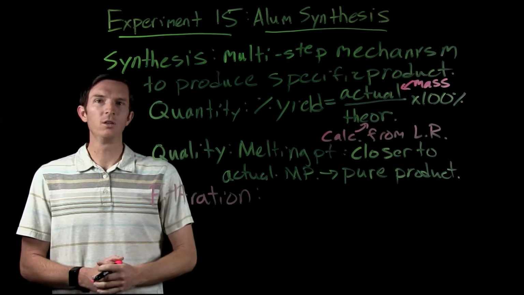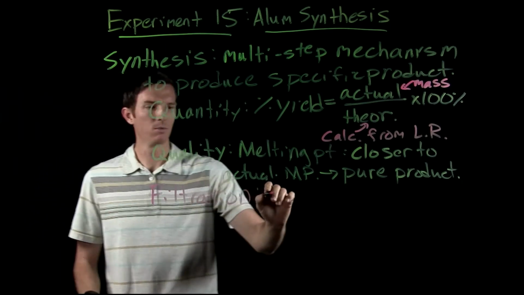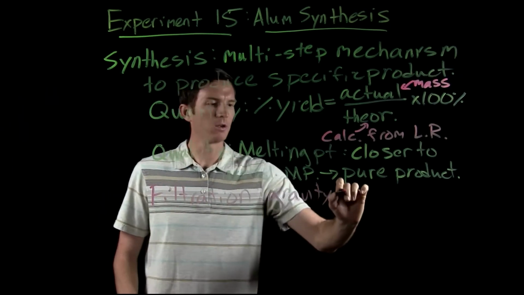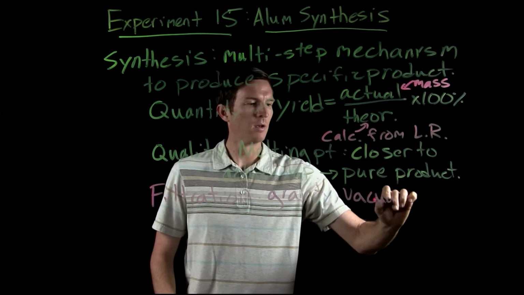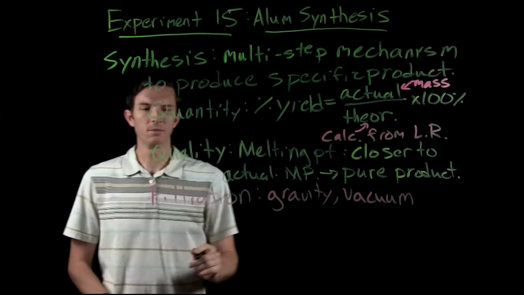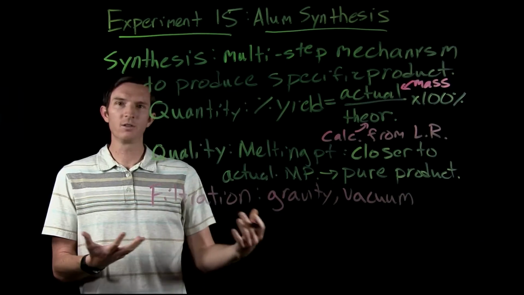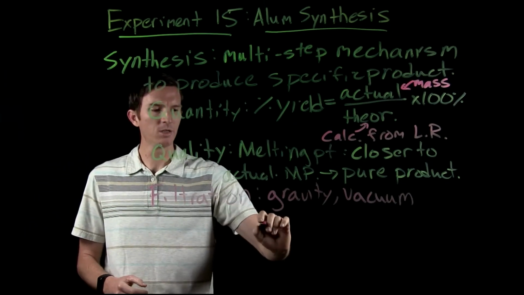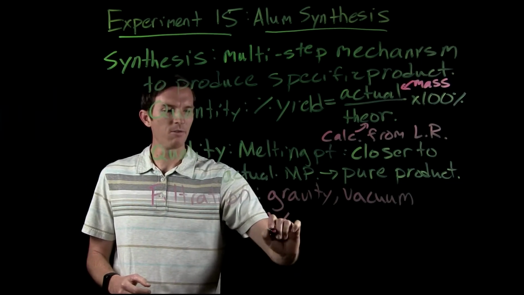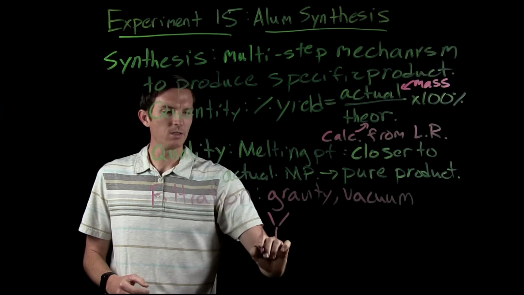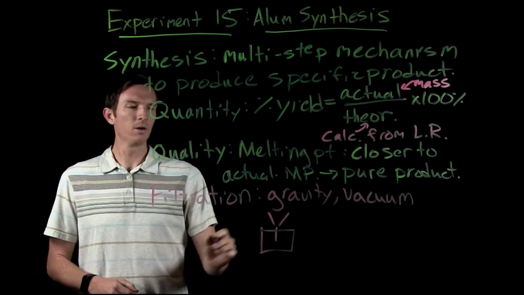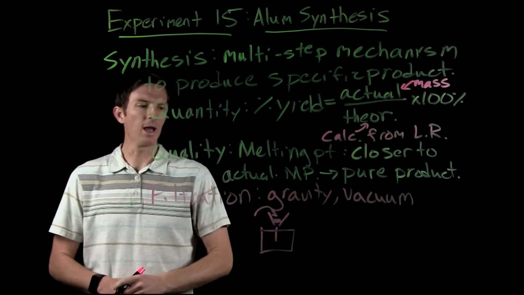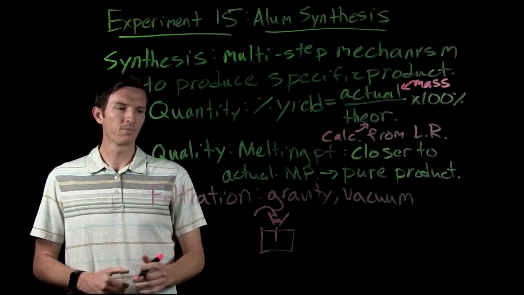Okay, so in this lab, we're going to use two types of filtration. We're going to have gravity filtration, and we're also going to have vacuum filtration. Now, when we do this, there's two different ways that we think through this. When we do gravity filtration, we usually have a funnel that runs into a beaker, and what we do is we pour our liquid into that funnel with the filter.